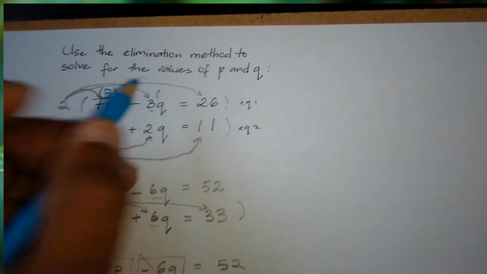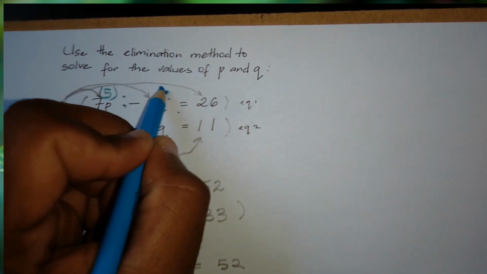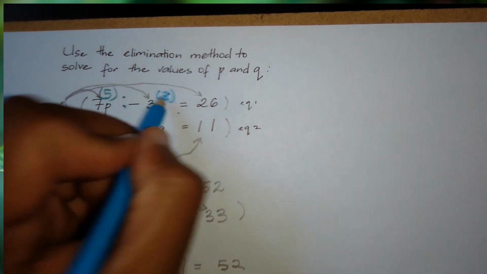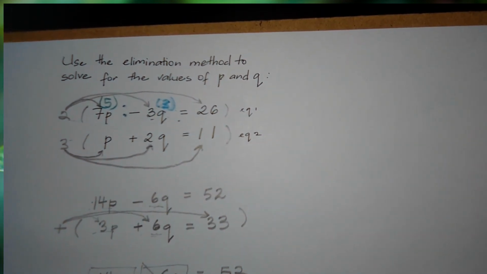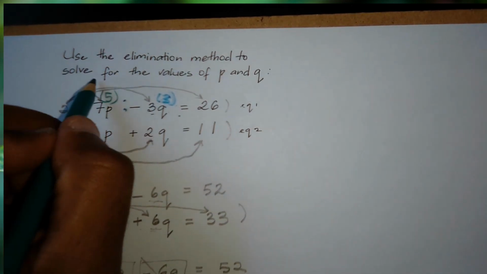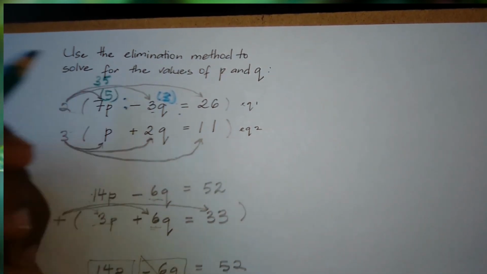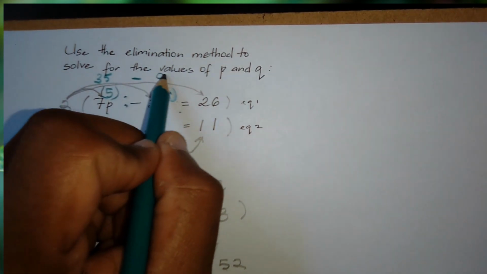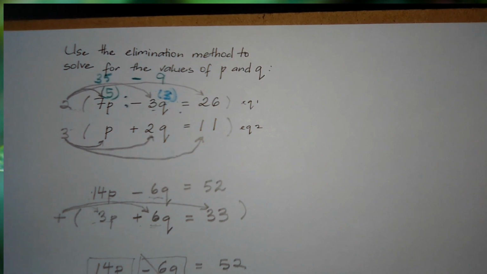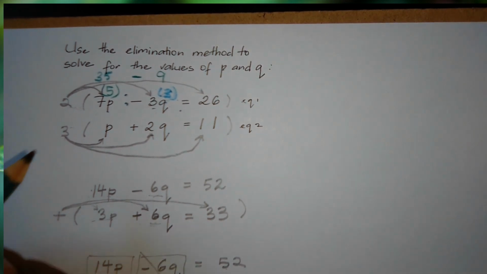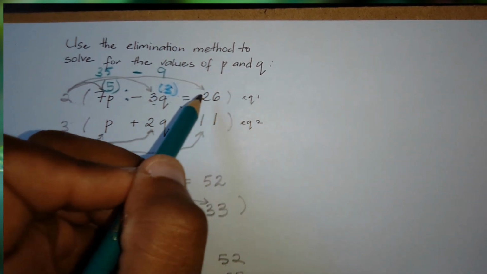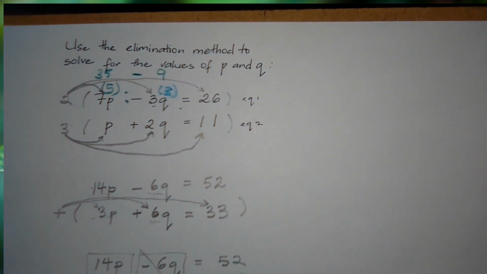I'm going to put 3 right here in brackets. I hope you can see that. Alright. So 7 times 5, that's 35. And I'm going to subtract now 3 times 3, which is 9. When I work that out, I end up getting 26. So 26 on the left is equal to 26 on the right. So we know that the answer is correct.